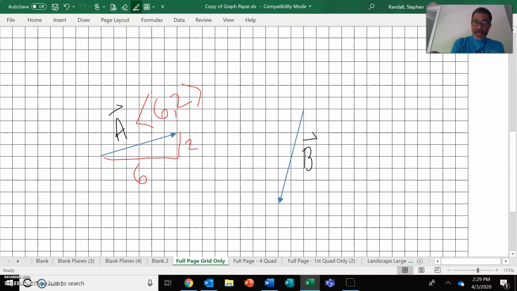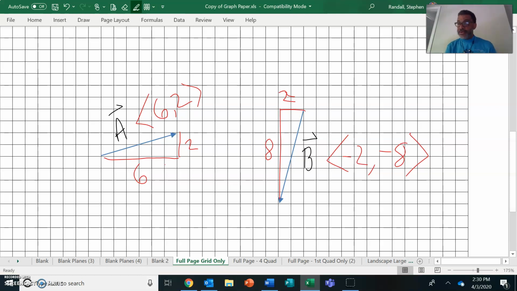Vector B, on the other hand, goes over 2 and goes down 1, 2, 3, 4, 5, 6, 7, 8. Since they're both in the negative direction, vector B goes backwards 2 and down 8. So there are our 2 vectors. Components talk about how they move on the coordinate plane.